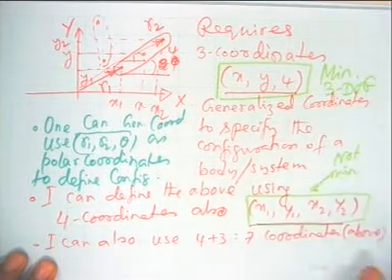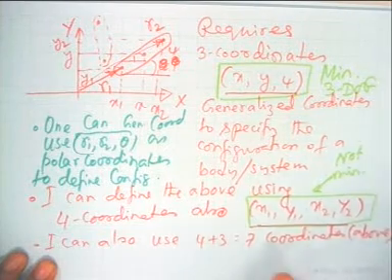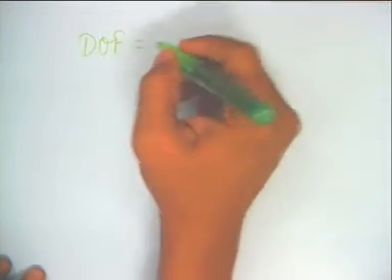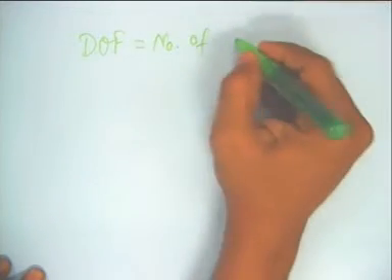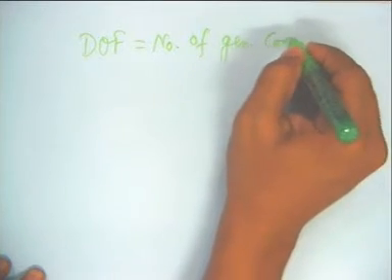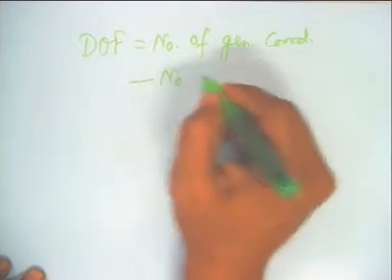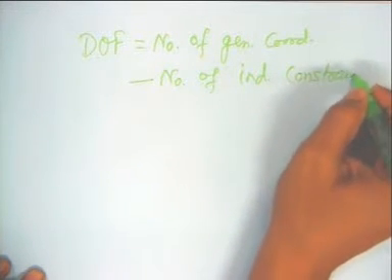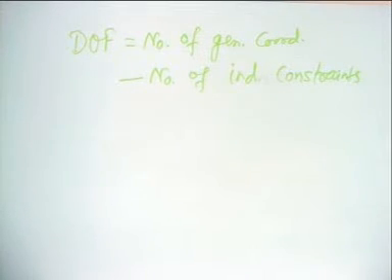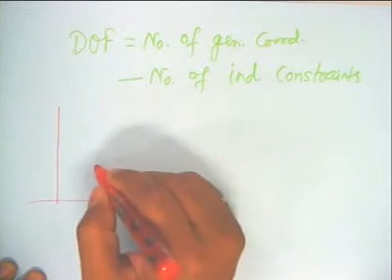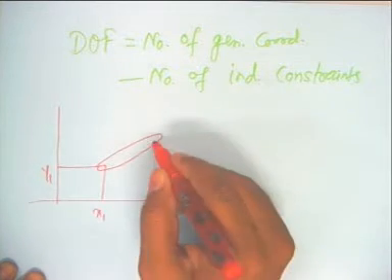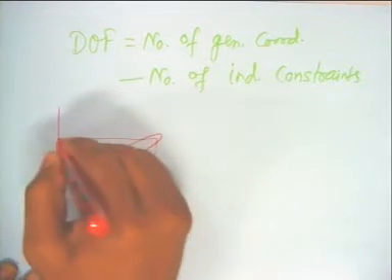For this we go back to one of our very first few classes, the concept that degree of freedom is equal to the number of generalized coordinates minus the number of independent constraints. So, if I draw this picture again for you, this is x1, this is y1, this is x2, this is y2.